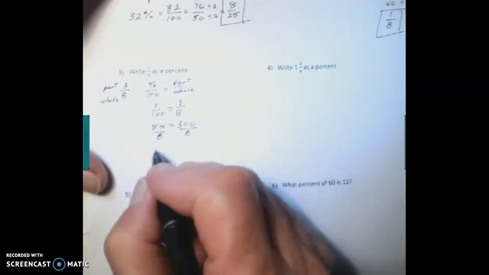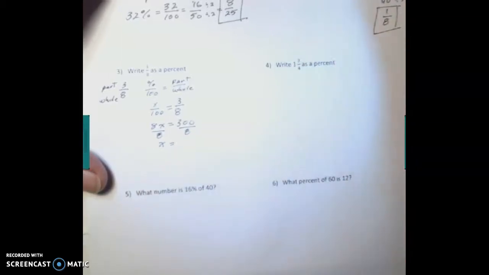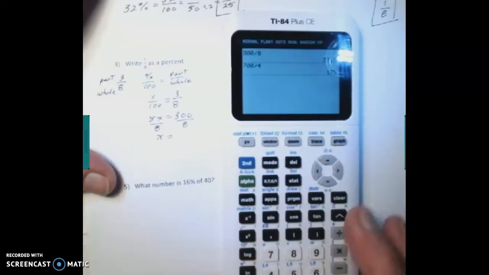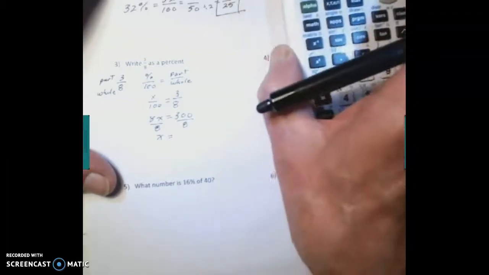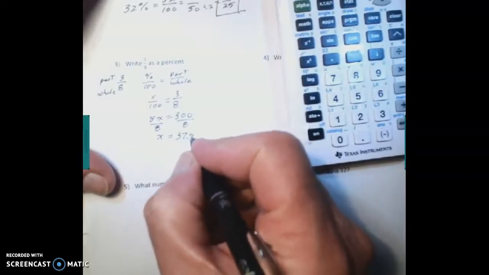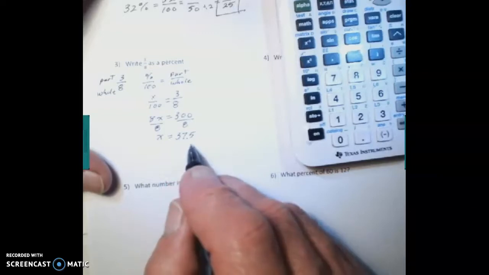Divide this side by 8 also. You get x equals 300 divided by 8, you can use the calculator, and you come up with 37.5, 37 5/10.